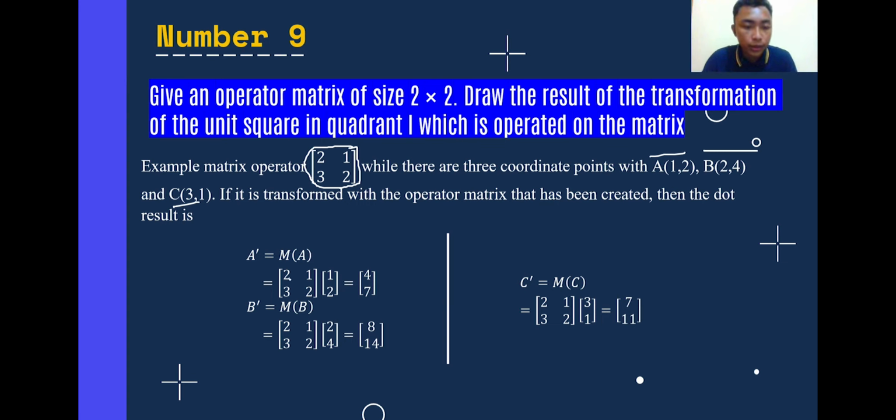So like this, 2 multiplied by 1 plus 1 multiplied by 2, the result is 4. 3 multiplied by 1 plus 2 multiplied by 2, so 3 plus 4 is 7. This is the result for A accent, 4, 7, and B accent is the same multiplication, and the result is 8, 14.